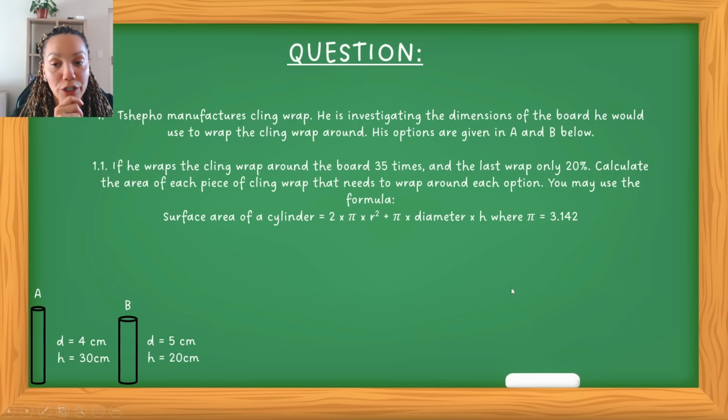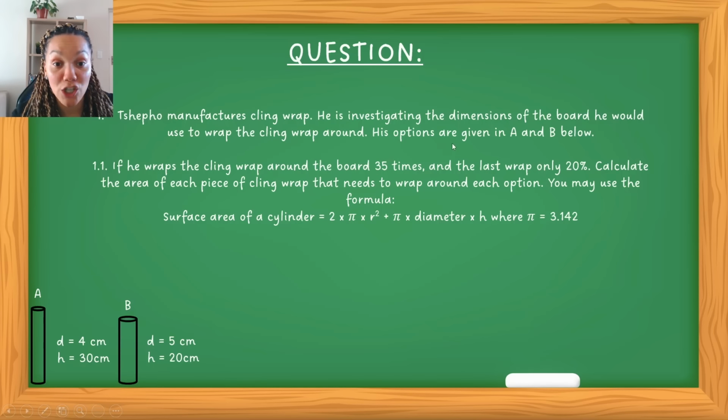The question says, Chepo manufactures cling wrap. He is investigating the dimensions of the board he would use to wrap the cling wrap around. You remember the inside of a toilet paper roll? That brown, that's pretty much what he's going to wrap the cling wrap around.